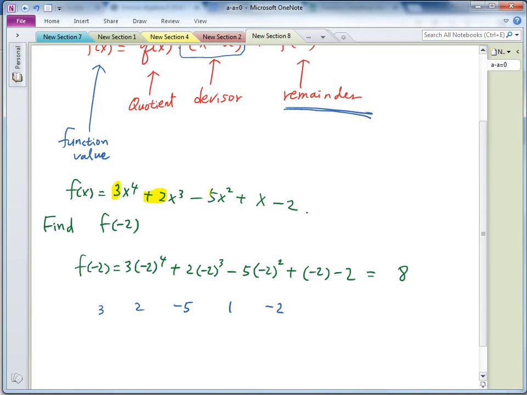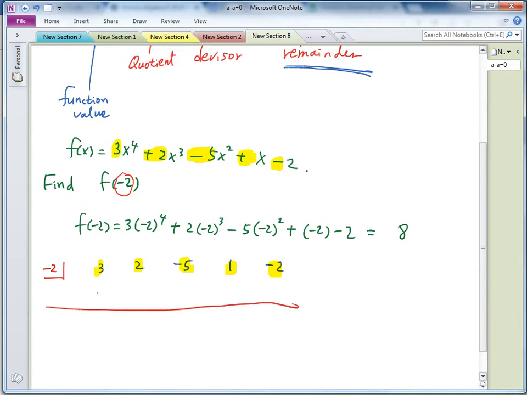Coefficients. Coefficients are the numbers I chose here. If there is no term for a place value, I need to leave a 0 there. So I'm going to do synthetic division. What will be my number? I'm using the same number here: negative 2.